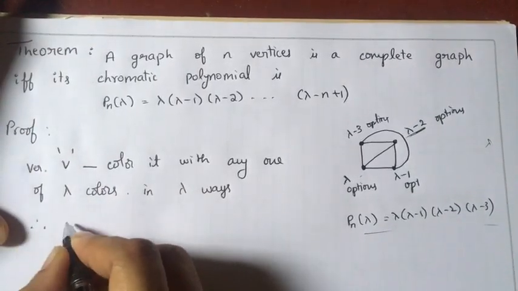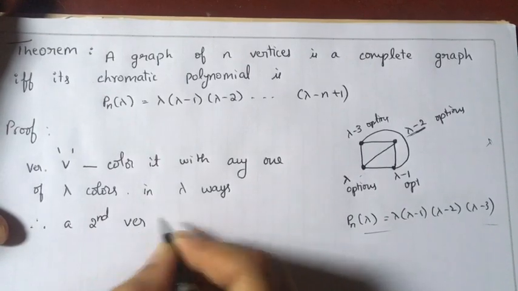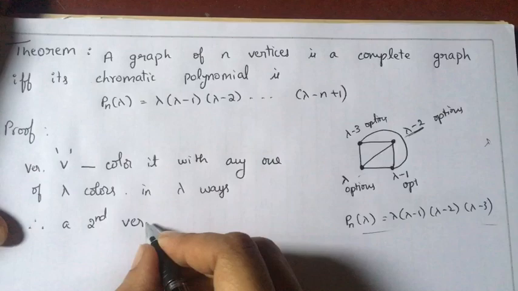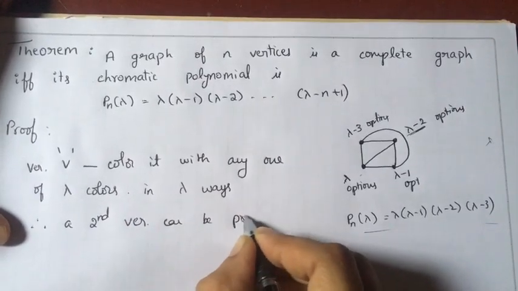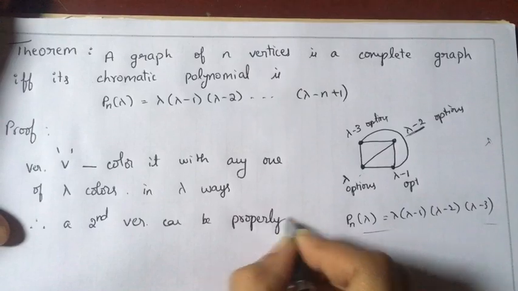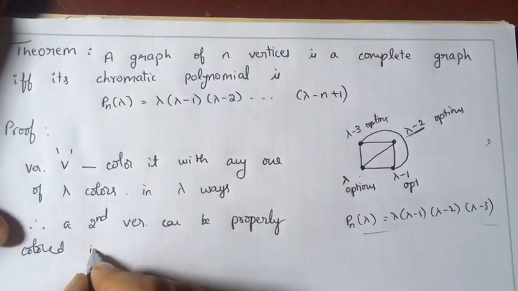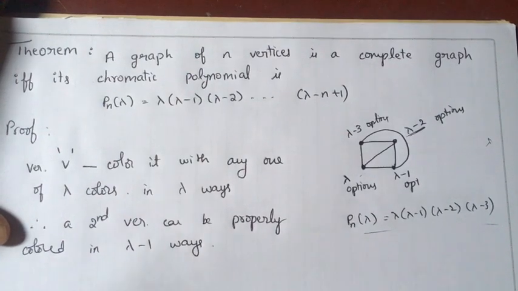Similarly, when I consider a second vertex, that can be properly colored in lambda minus 1 ways, right?